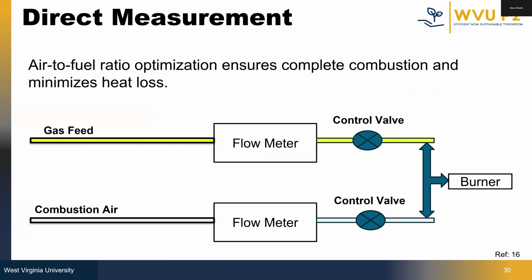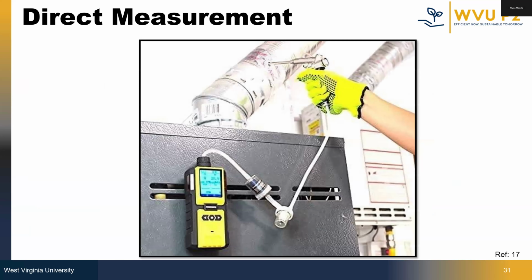So for most accurate results, it's highly recommended to use a continuous flue gas analyzer that provides real-time feedback, but periodic testing with a combustion analyzer is a less expensive option.